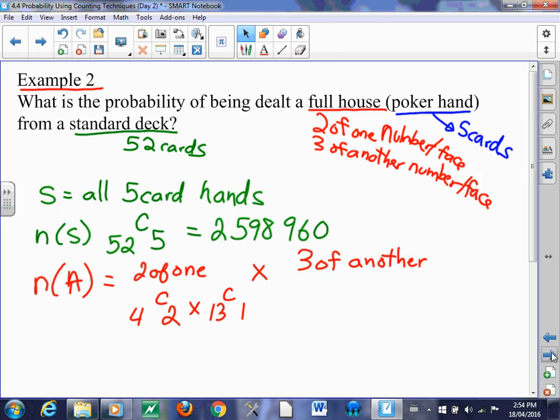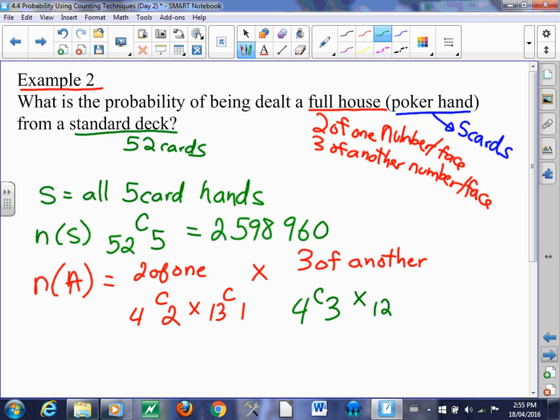Okay, now 3 of the others. So we're going to take a look at 4, choose 3, times 3 of another. So we need 12, choose 1, because it has to be of another number.